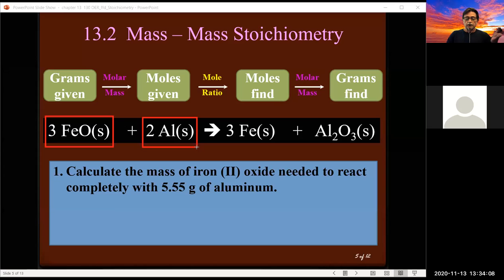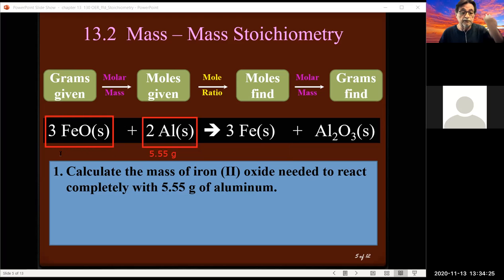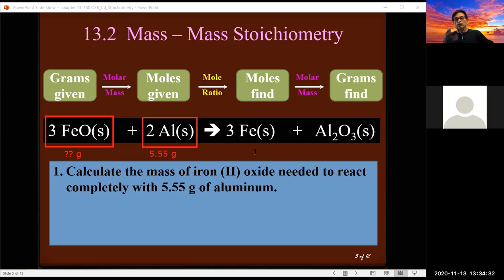If I start with 5.5 grams of aluminum, how many grams of iron 2 oxide is needed, is what the question is asking.